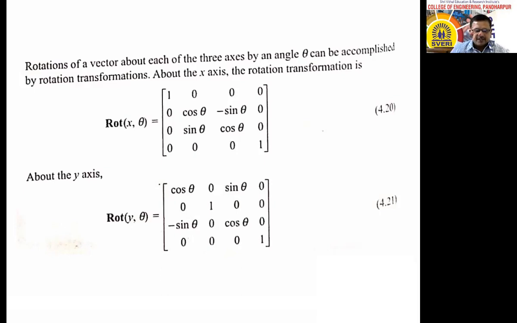Equation 4.20. Then about the y-axis, rotation of y theta is equal to cos theta 0 sin theta 0, 0 1 0 0, minus sin theta 0 cos theta 0 and 0 0 0 1.